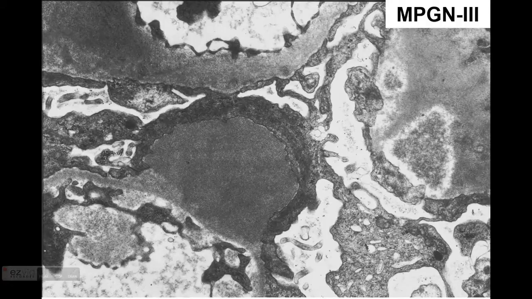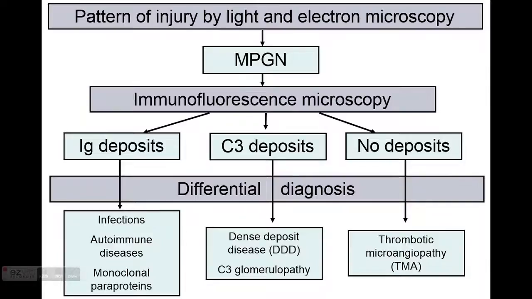So if you will, type 3 is really a subtype of type 1 that you would see by electron microscopy. And again, it's really not that important. What's important is really what's depositing, whether you have immunoglobulin or complement or no deposits, and then try to figure out what is depositing.